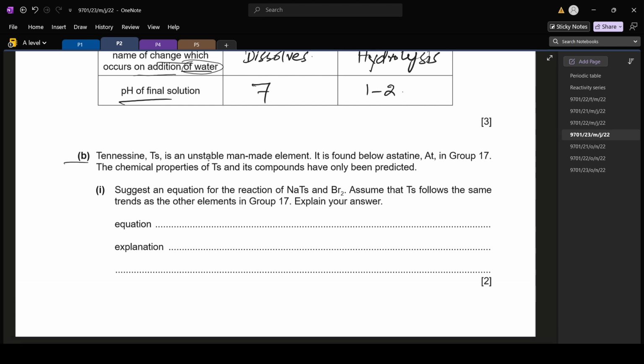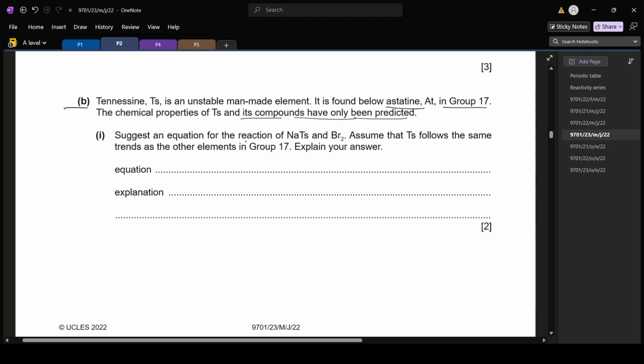Tennessine is an unstable man-made element. It is found below astatine in group 17. The chemical properties of Ts and its compounds have only been predicted. Suggest an equation for the reaction of sodium tennesside and bromine. Assume that Ts follows the same trends as the other elements in group 17.